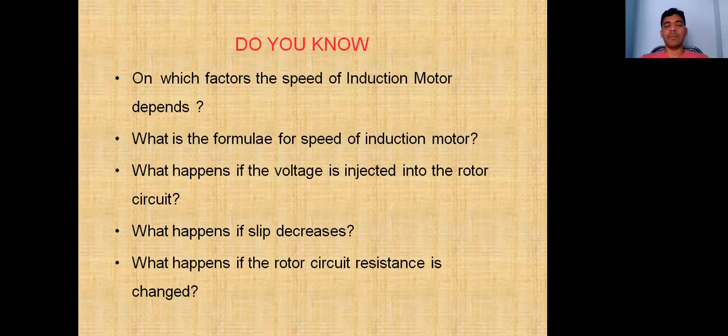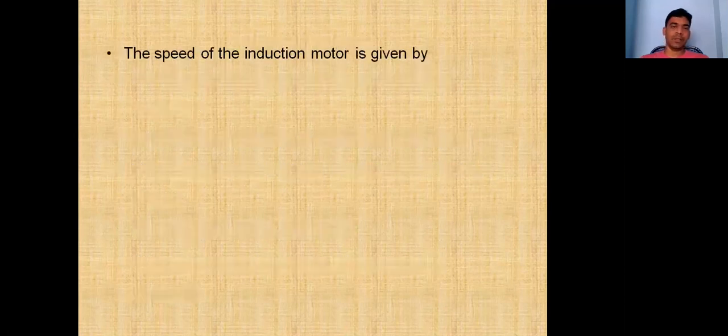What happens if slip decreases? Slip decreases, speed increases. What happens if the rotor circuit resistance is changed? If rotor circuit resistance changes, the torque changes. The torque will change the speed. Okay.